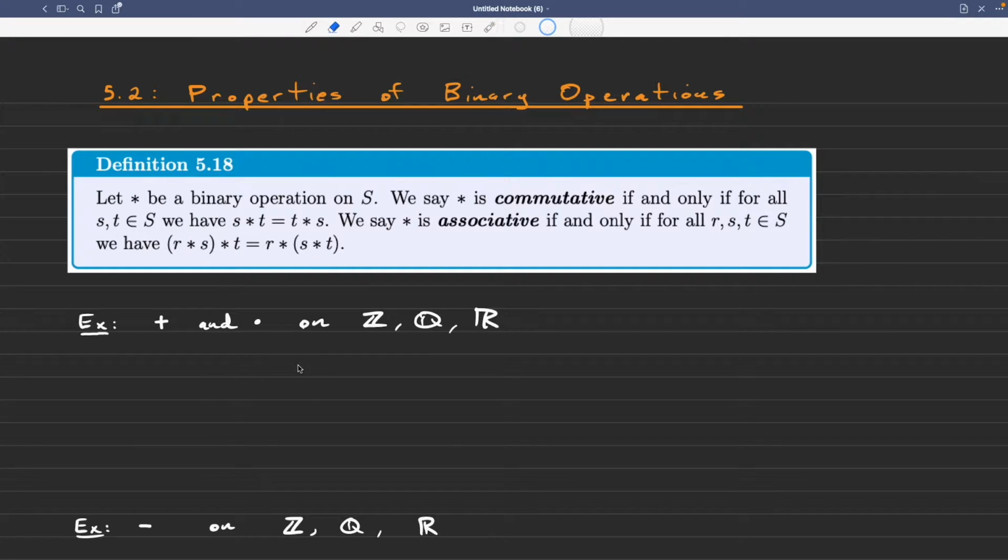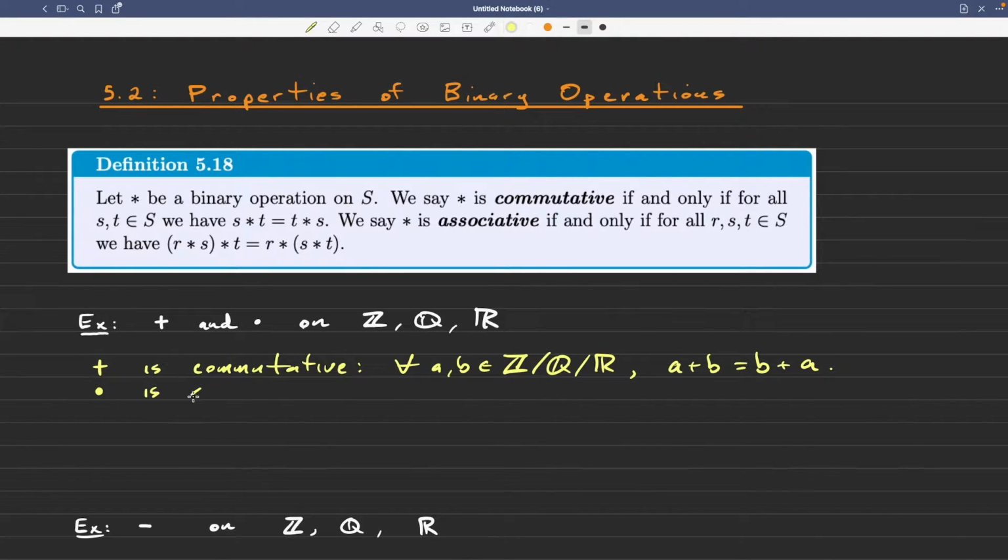So for example, let's consider addition and multiplication on the integers, or the rational numbers, or the real numbers. Addition is commutative. This is just a property, an axiom of the integers actually: for every a and b in the integers, or the rational numbers, or the reals, a plus b equals b plus a.